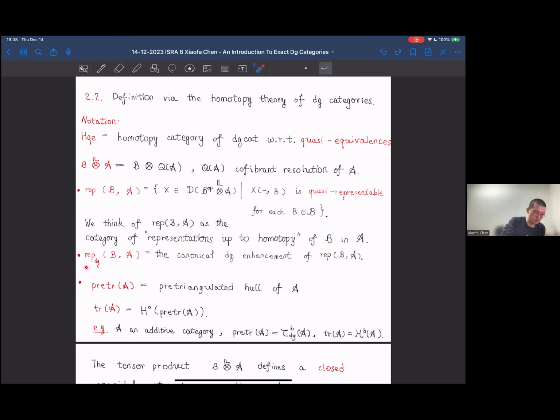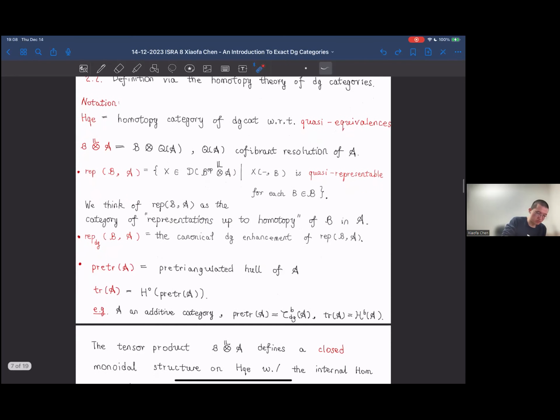And accordingly, we have the DG enhancement of this category. Yeah, because this is the full subcategory of the derived category, so we have the canonical DG enhancement of this category. We simply add a DG here. And for a DG category A, we denote by pretr A the pre-triangulated hull of A. So it's universal from A to a pre-triangulated DG category.